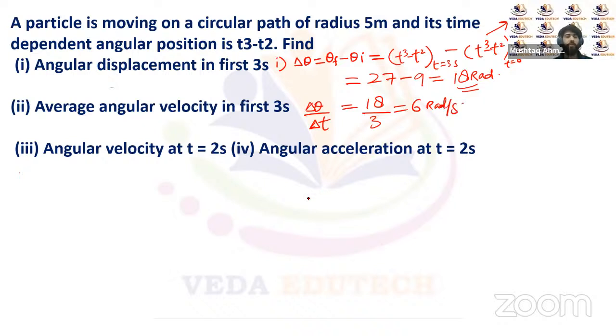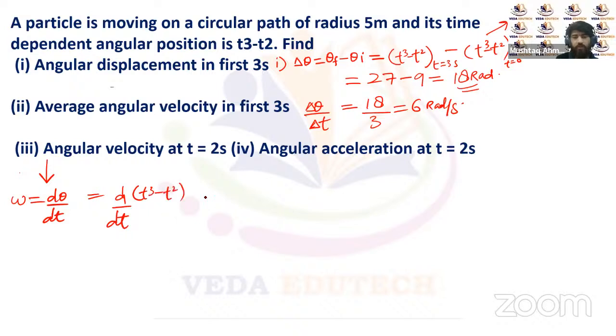Now, similarly, angular velocity at time t equal to 2 seconds. Now, it's talking about the instantaneous angular velocity, that's omega, equal to d theta over dt. That's equal to d over dt of t cube minus t square, which will be equal to 3t square minus 2t, right?